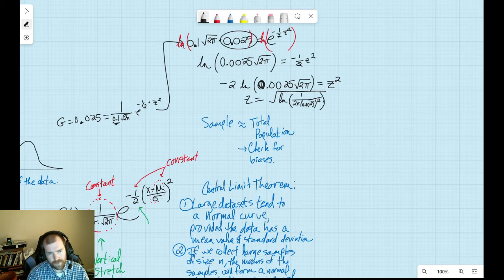X minus mu over sigma is z. So we use x minus mu over sigma as z, that's z squared.